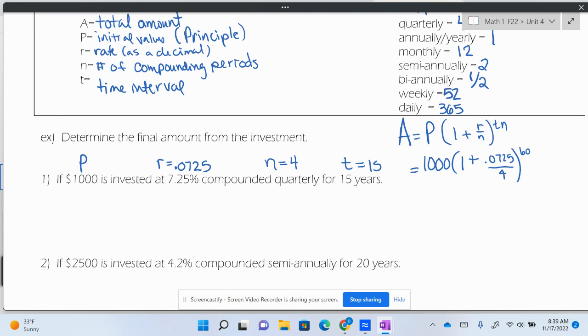What did you guys get? Another way you could do it is you could take 0.0725 and divide it by 4. I don't know if that's easier. So remember that your exponent is n times t, or t times n. So I took 4 times 15. I should write that down.